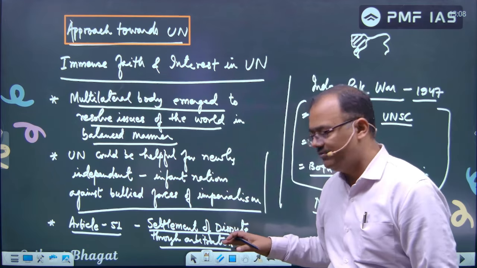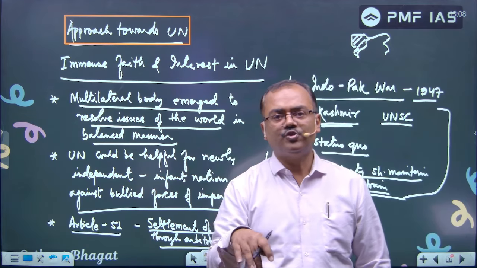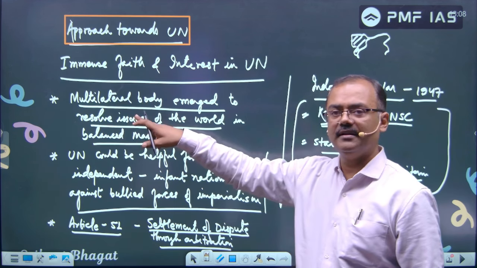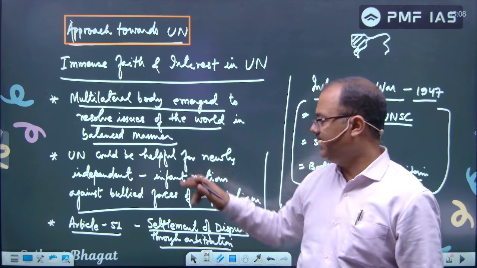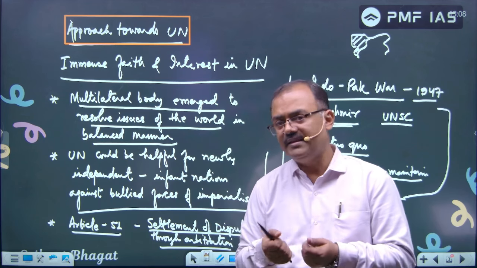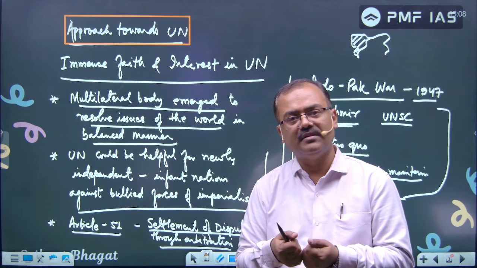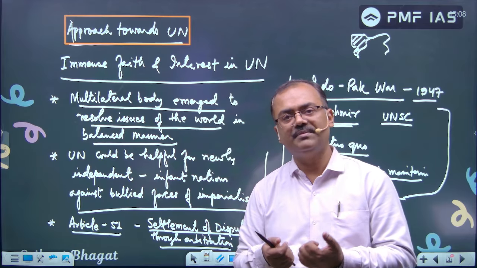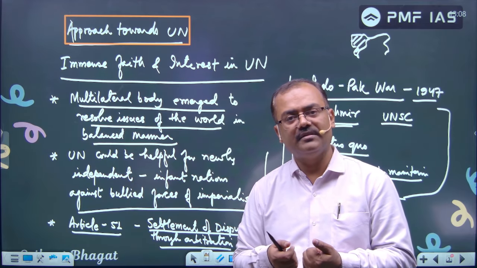But the major point was that disputes should be settled through arbitration. So the UN can be an association or a body for arbitration. Nehru had faith in the constitution. Nehru was one of the members who drafted the constitution. He was chairman of so many committees of the constitution.